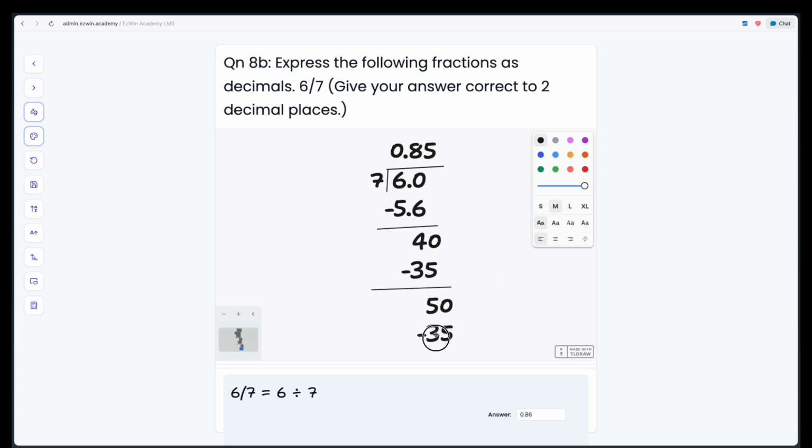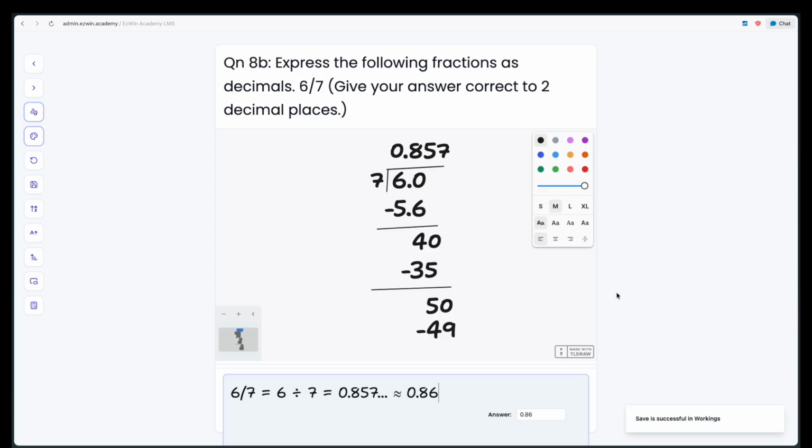This will be 49. So what will give us 49? 7 times 7. So 0.857. Okay, 0.857. We can stop here. We don't have to continue. And then this will round to 2 decimal places, which is 0.85 or 0.86. 0.86, since 7 is more than 5. So the answer to this is 0.86.